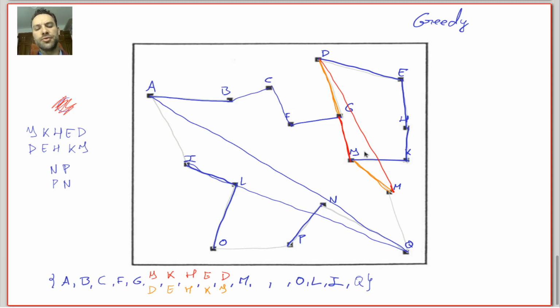And well, you should also consider these other options, but in this case, you can observe that the arcs are larger. So finally, the option that you would choose according to this greedy method is precisely this one, D, E, H, K, J.